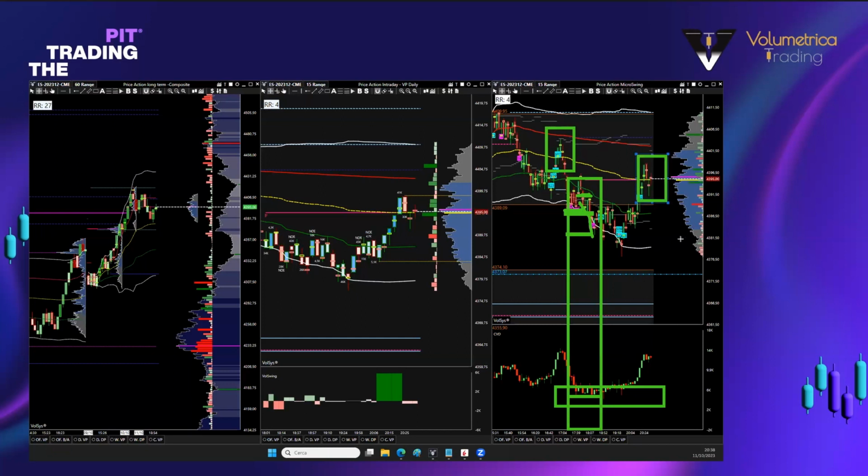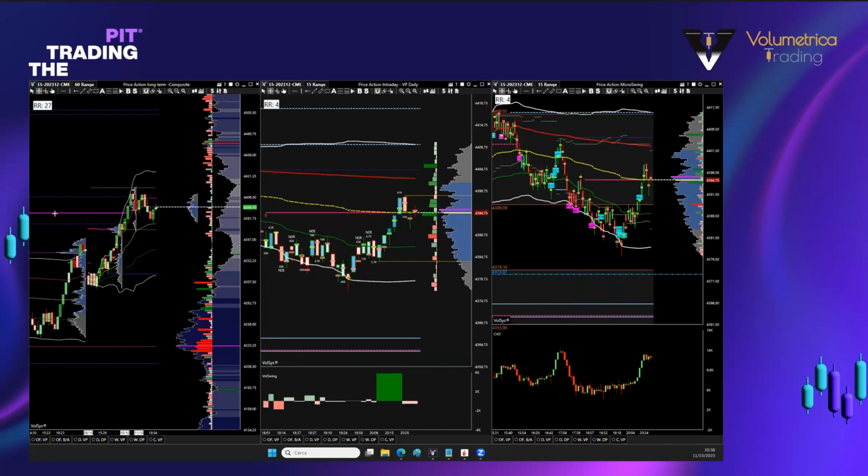Price is now here and it has reached this level. Just to recap something we said about volume profile, we are back to the POC, the point of control, the point of balance of the entire day, which comes with an almost perfect bell-shaped curve.